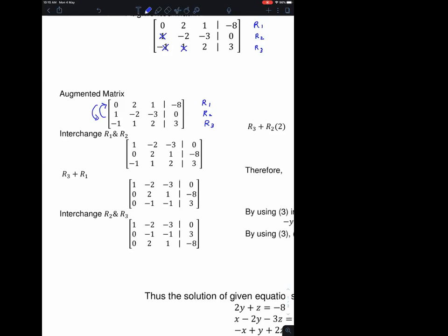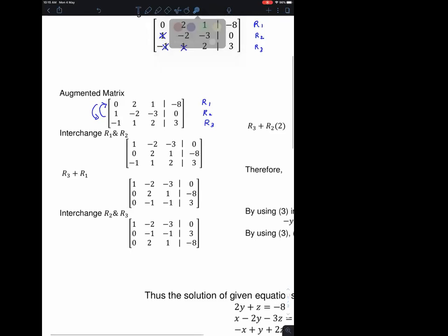After interchanging the rows, you end up getting this matrix here. In this matrix you can see 0, 2, 1, minus 8, which was in row 1, is now at row 2.